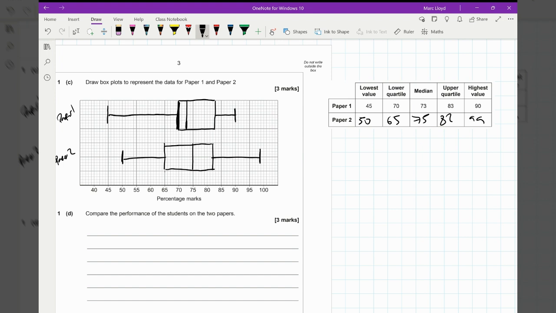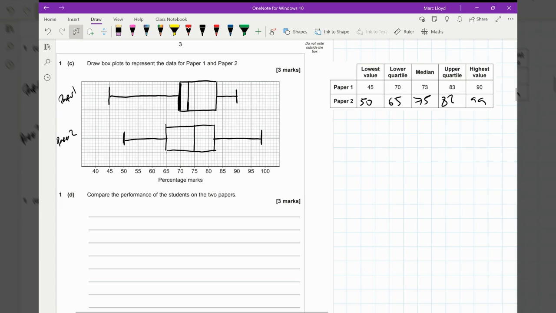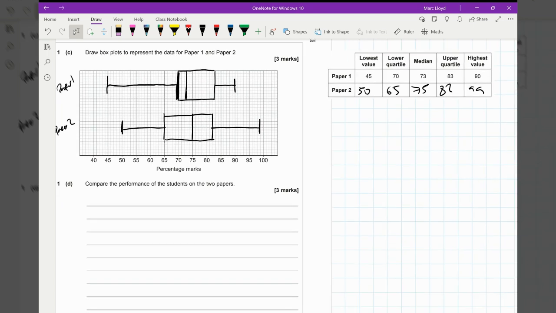Okay, so what we're seeing there is, I don't need to talk about it right now. I can write it. So compare the performance of the students of the 2 papers. So overall, paper 2, and I'm going to go with this.